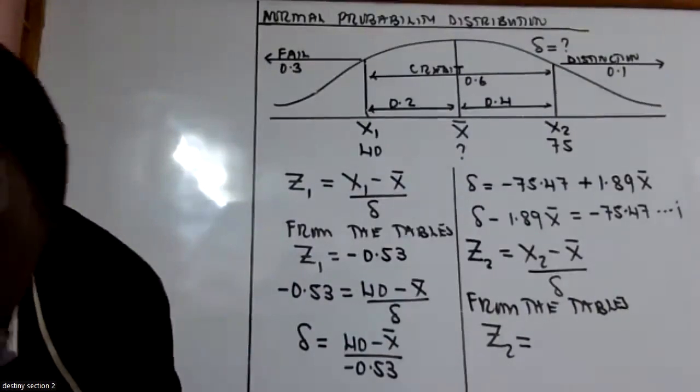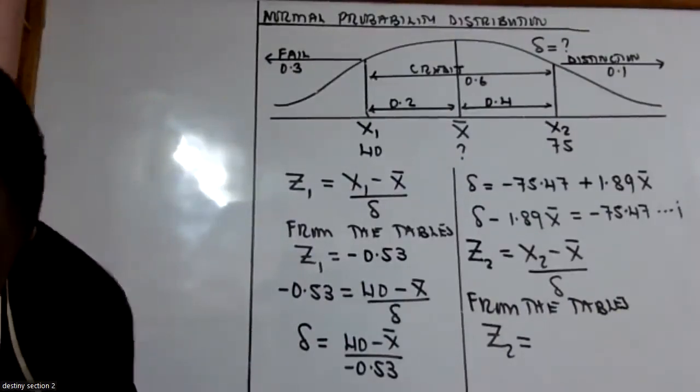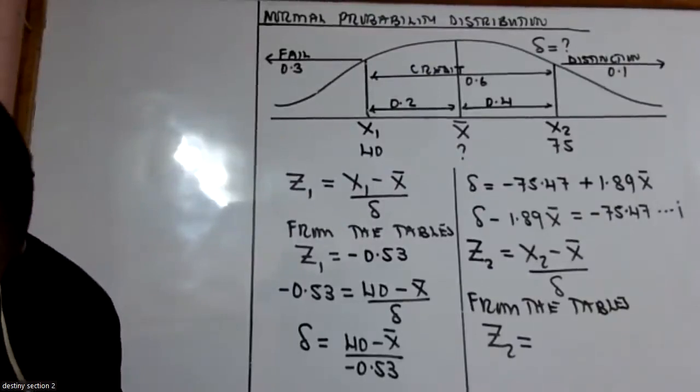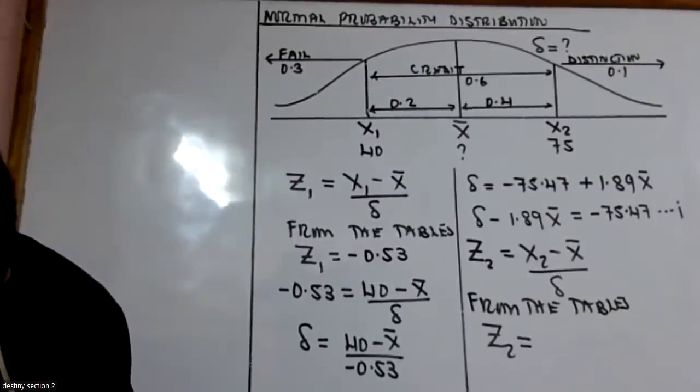Sioni kama ni hivyo. So which value do we take between the 0.4015 so that we can get 1.28 or 1.29?